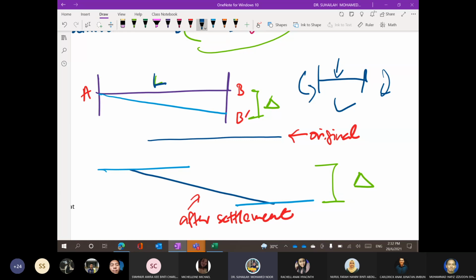Now, after settlement, the behavior is like this.